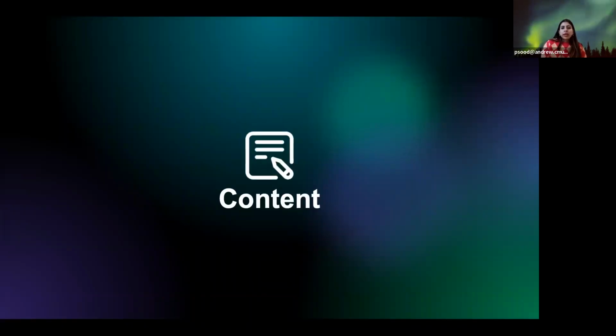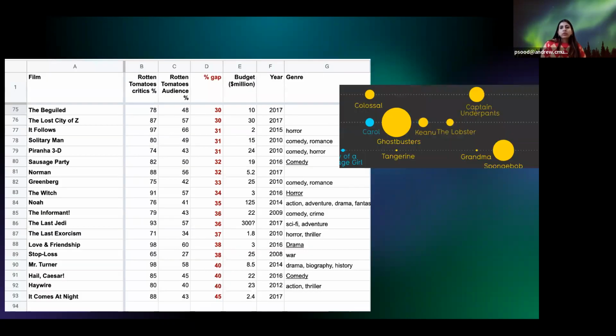Now talking about the content and the data for this visualization. The data was taken from Rotten Tomatoes, and it was a relational database in which all this data was stored and used to present this visualization. As we can see in the raw data, we have a couple of fields such as movie.